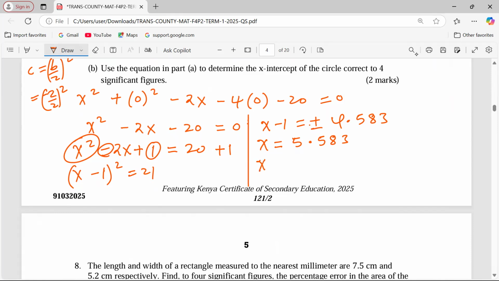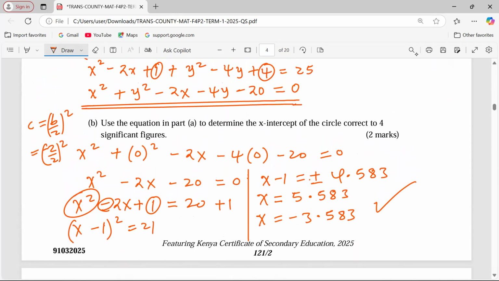Then the other x shall be, when I take negative 1 to the other side, it will be added, but it's being added to the second option of the square root, which is negative 4.583. So negative 4.583 minus 1 becomes negative 3.583. You see, this one now is to 4 significant figures.